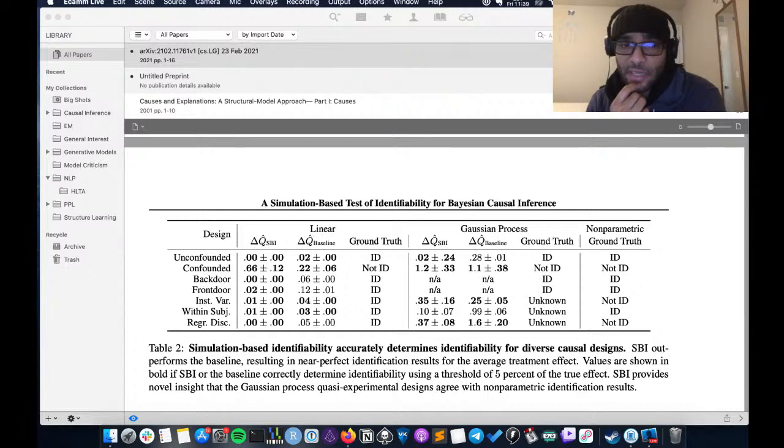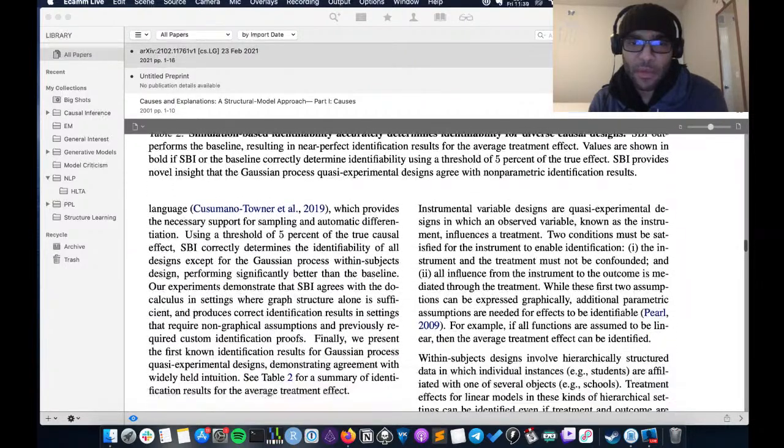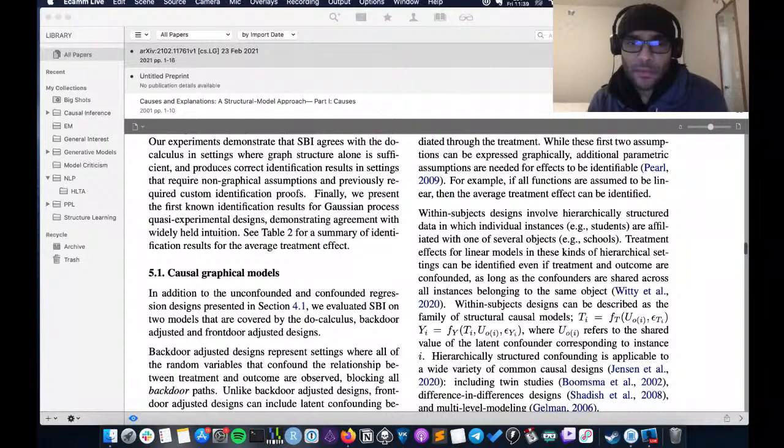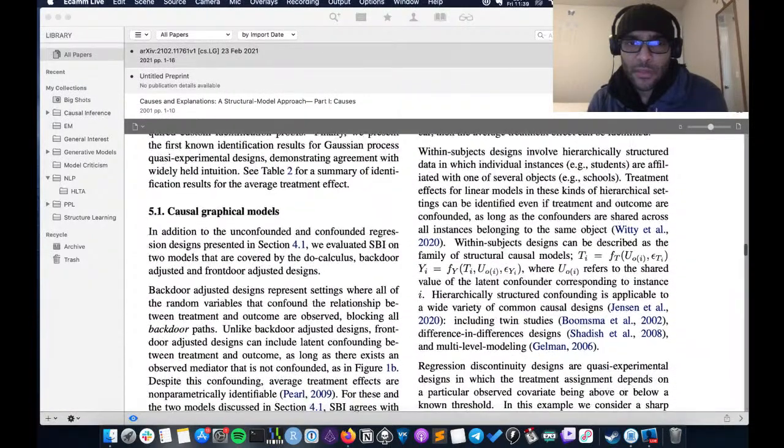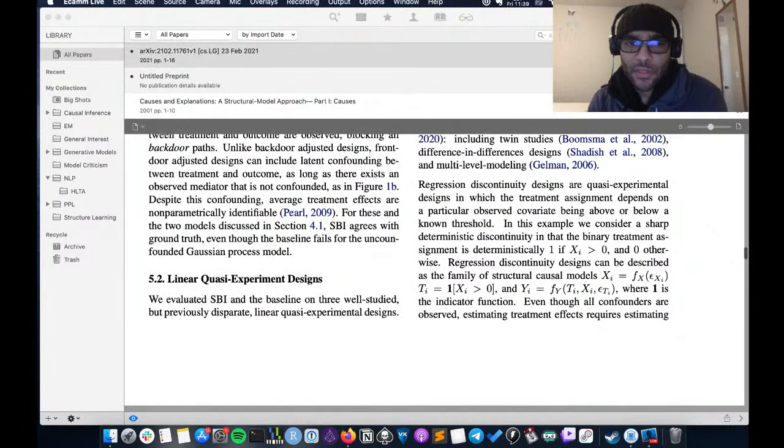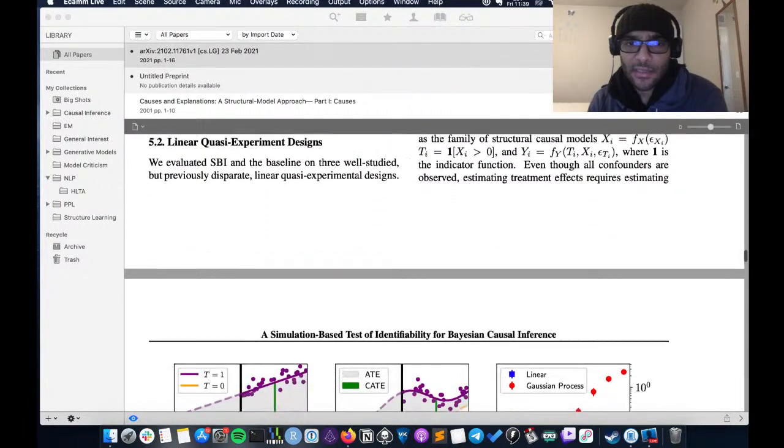SPI provides novel insight that the Gaussian process quasi-experimental designs agree with the nonparametric identification result. Nonparametric. Okay, I get that. Not much to comment on there. Causal graphical models, linear quasi-experiment designs.